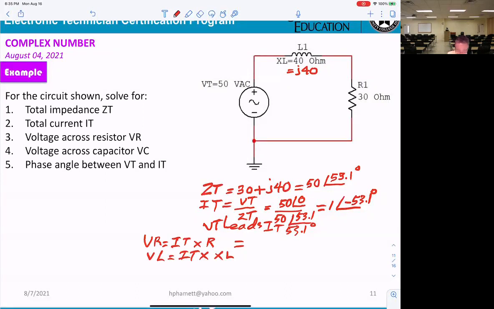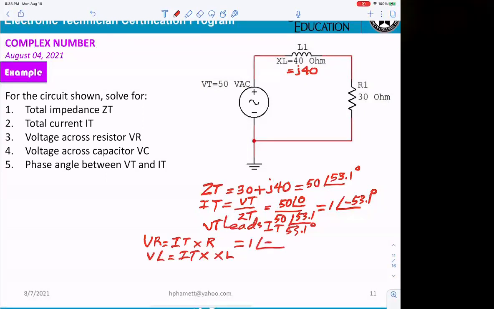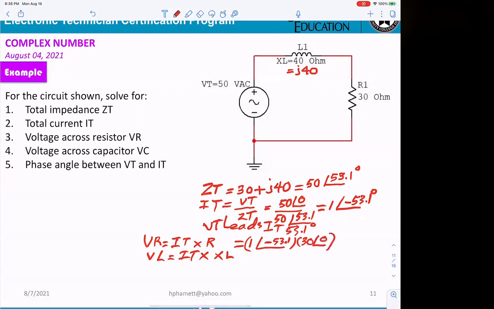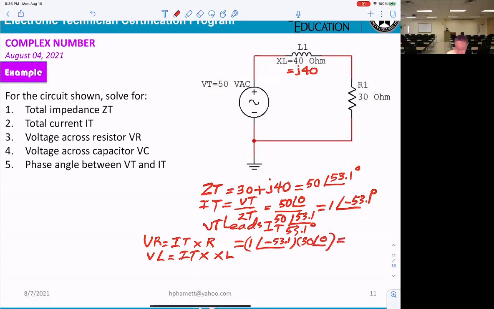Basically you get 1 angle negative 53.1 times R, which is 30 at 0 degrees. So you get 30 angle minus 53.1.